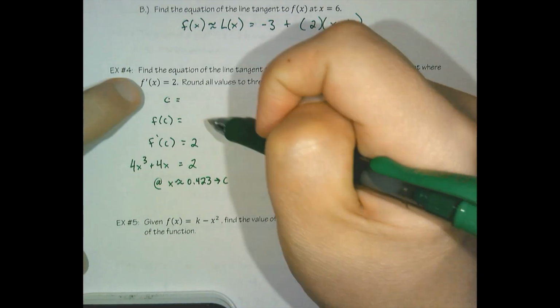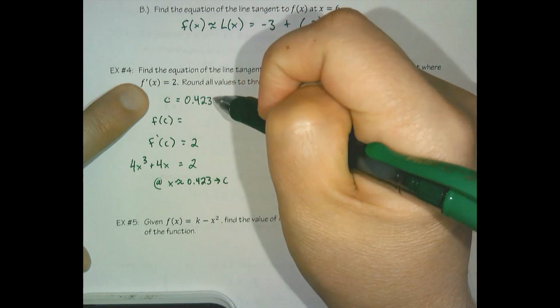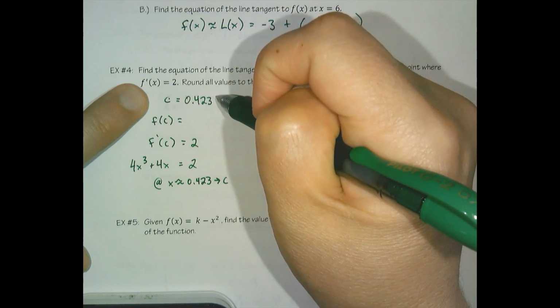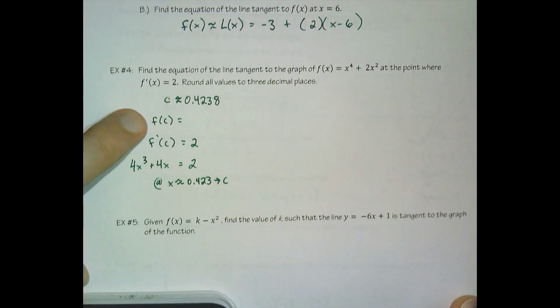This is our number up here, so 0.423 or 0.424 if we're doing the rounding. And then I want to evaluate the function at C. So how do I evaluate the function at C?